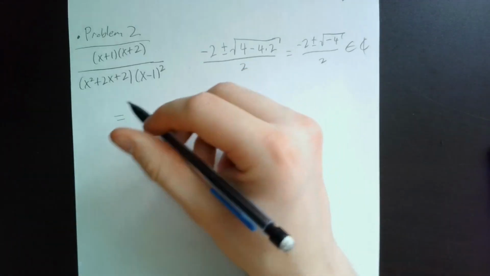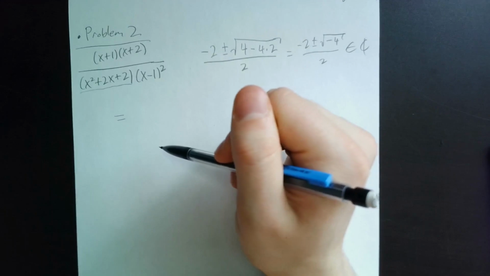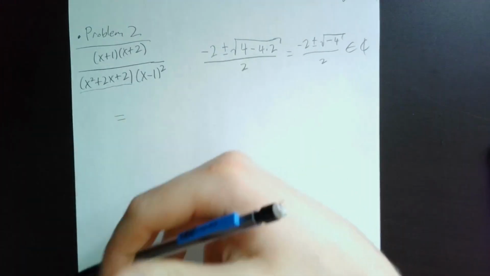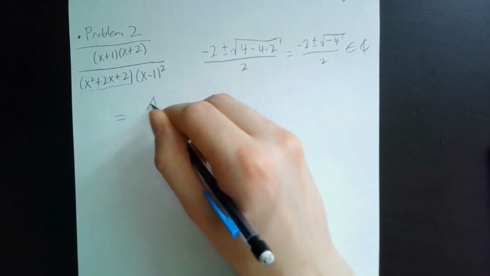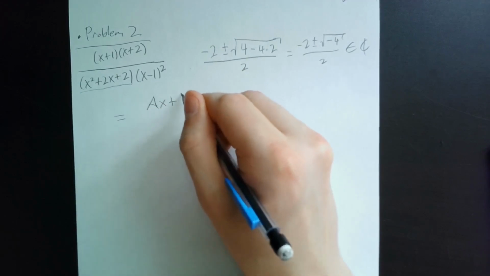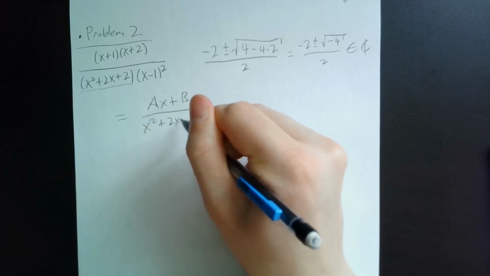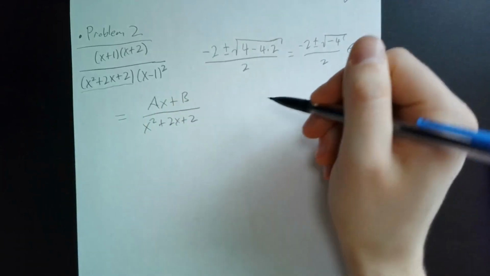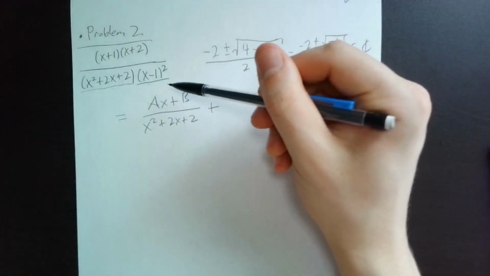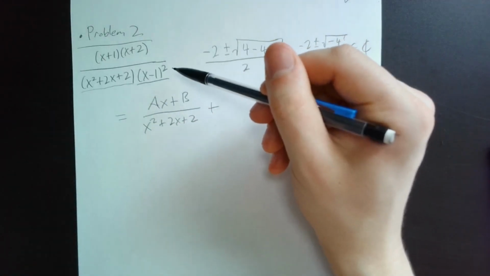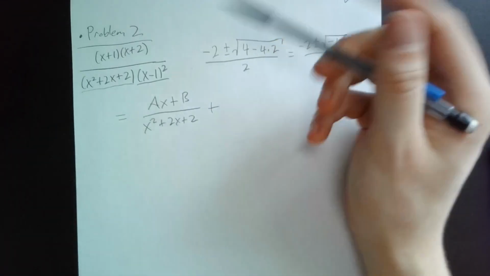So I'm going to look at this root first, and I'm just going to go left to right. For this root, it's unfactorable, and it's a power of 2. So in my numerator, I need to put a power of 1 polynomial, and just put that over what we have there. And now I look at my other root, and I see it's x minus 1 squared, so I have 2 of these, which means that I need to have 2 terms that correspond to this root here.